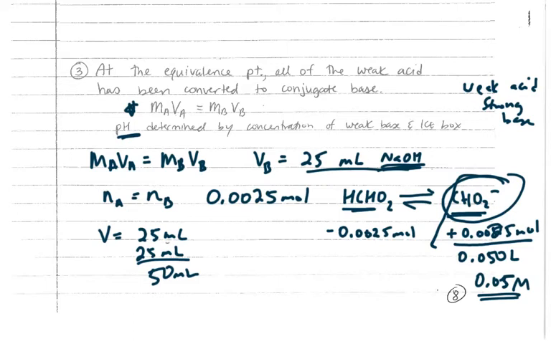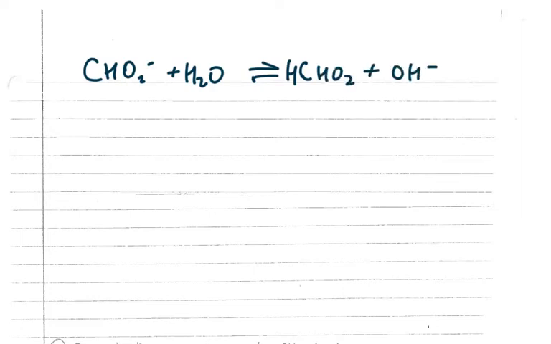We have 0.05 molar of this conjugate base. So what we need to do is write out the equation so we can do an ICE box and figure out the pH. This conjugate base reacts with water to form the conjugate acid, HCHO2, and hydroxide.